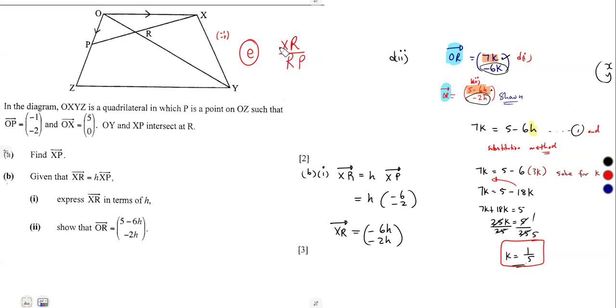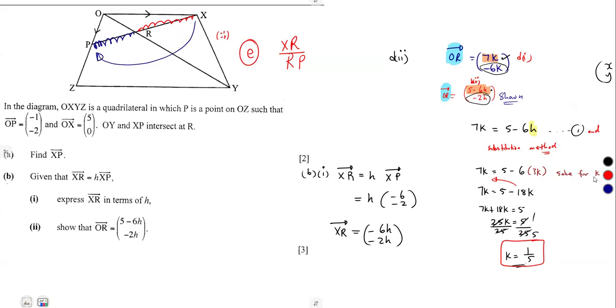So let's locate from our diagram where we have got XR and RP. XR, that is here, this one, all right, and RP, this is our RP. So we can see that this part is taken from the whole line XP.